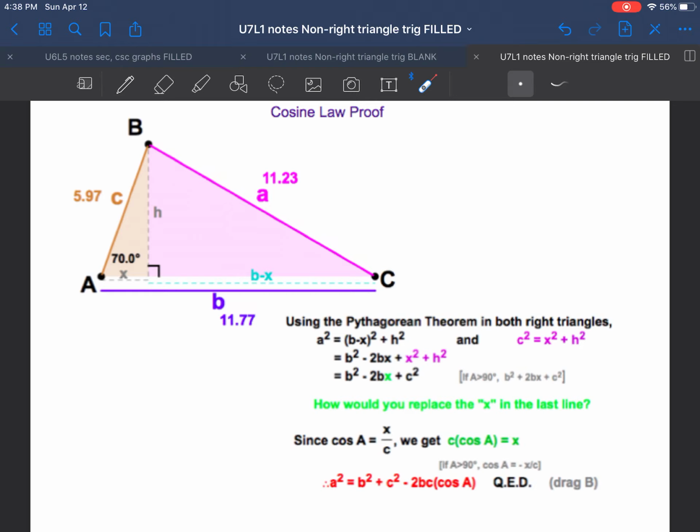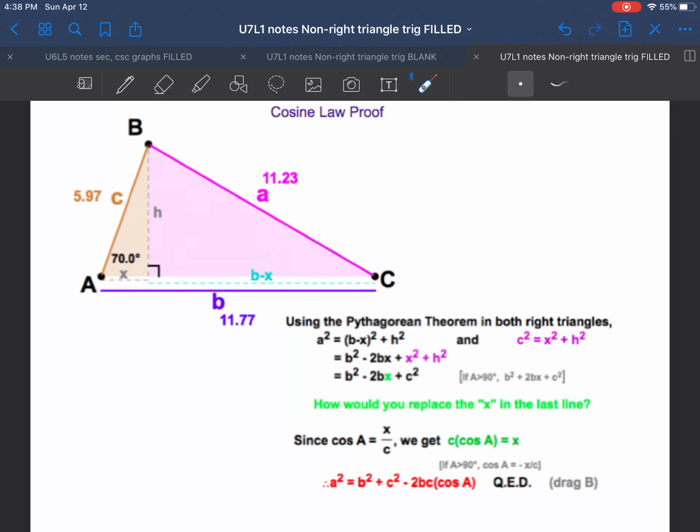The first that we can write is that this hypotenuse, this is side A, so that's going to equal this squared, which is h squared, plus just this part, which is, if this whole thing from A to C is B, and this is x, this has to be B minus x. Okay, so this equation here is just saying, oh, well, B minus x quantity squared plus h quantity squared has to equal a quantity squared. Okay, let's just leave that alone for now.